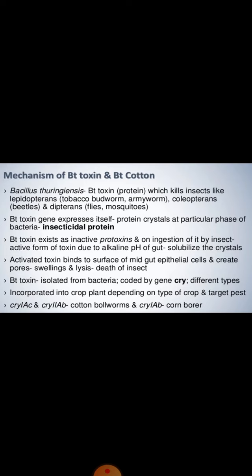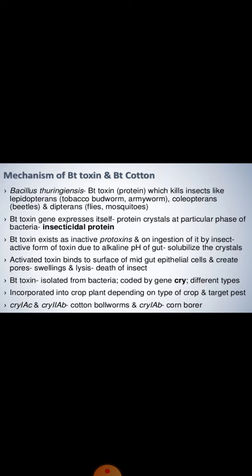These genes which are isolated depend upon the crop and the target pest, that is, they are specific. Every gene will not act on everything, they are very much specific. So these Bt toxins are insect group specific. This toxin is coded by a gene that is cry1Ac, and it is named as cry gene, C-R-Y. This question is asked very often in exams: cry genes.